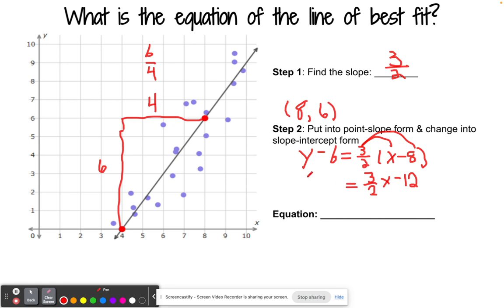And I still have y minus 6 on my left side of the equation. My last step would be to add 6 to both sides.